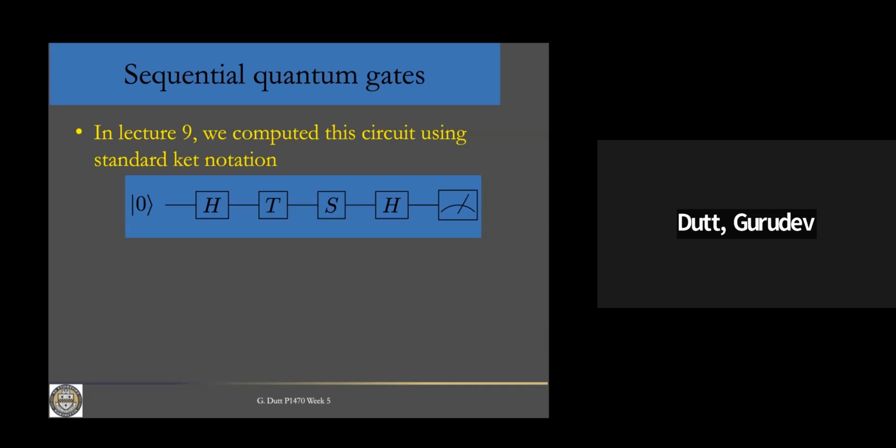What do I get over here? H acting on 1, 0. What do I get?